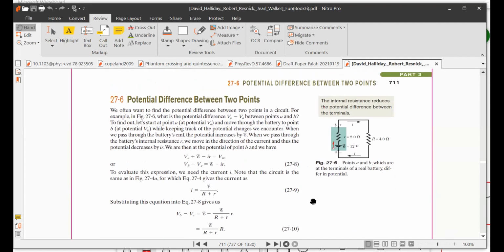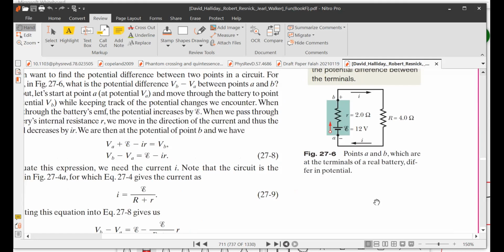So this one again, for example, if the battery, or the voltage source, has internal resistance, as in figure 27-6.